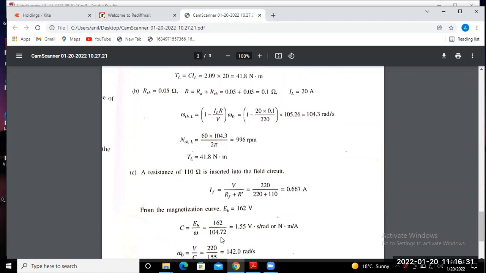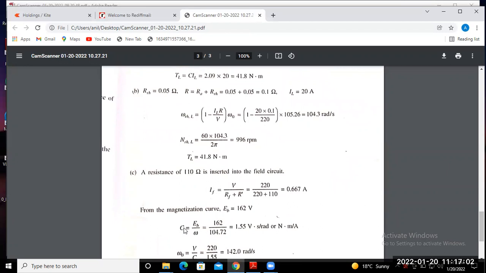EV by omega. So 162 volt back EMF. Since your IF changes here, the back EMF also changes, since the back EMF is equal to K phi omega, is it not? So in K phi omega, you want to find your constant.